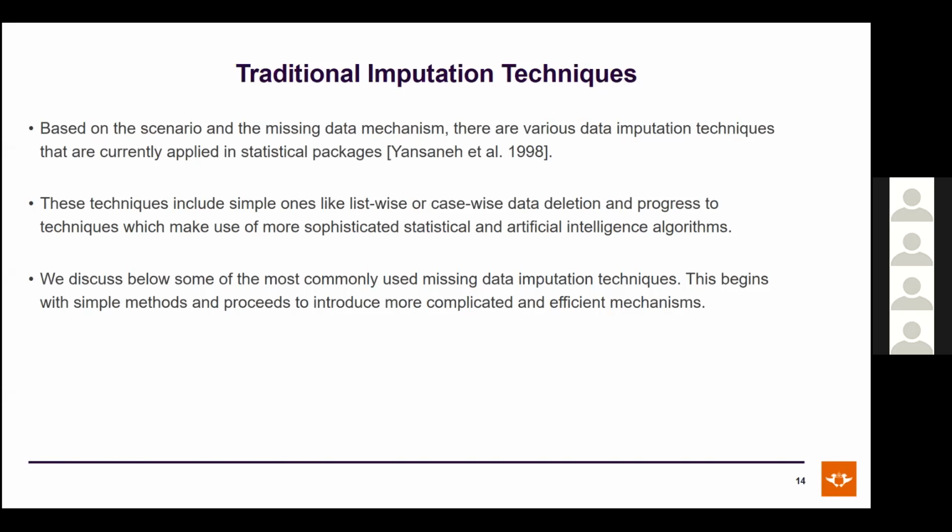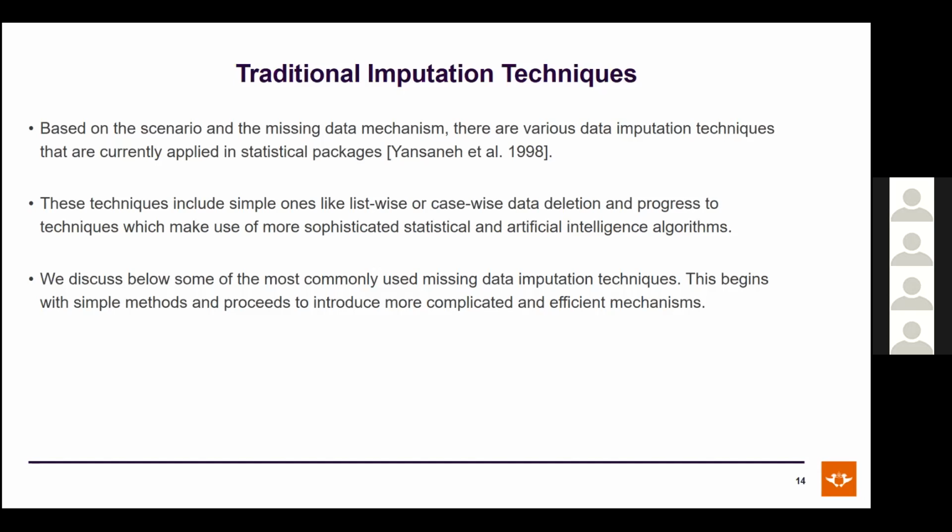Then we looked at missing data patterns, of which there are two: the arbitrary, where missingness can occur anywhere in your data set, and the monotone missing data pattern, which basically says if a variable is observed, everything before is observed.